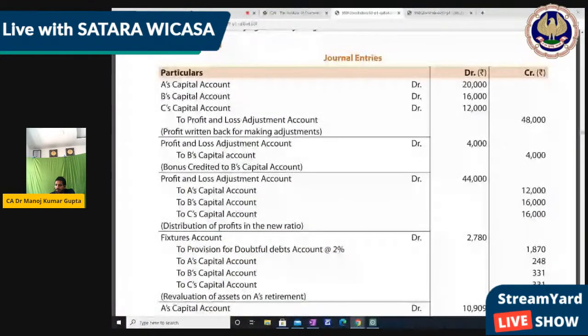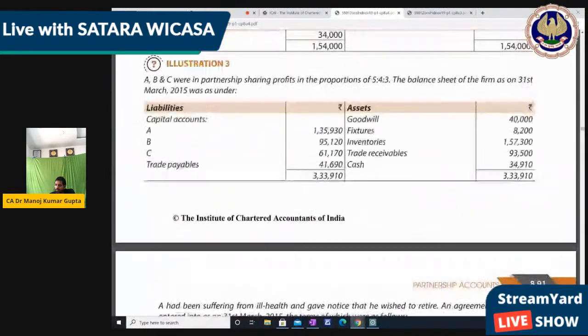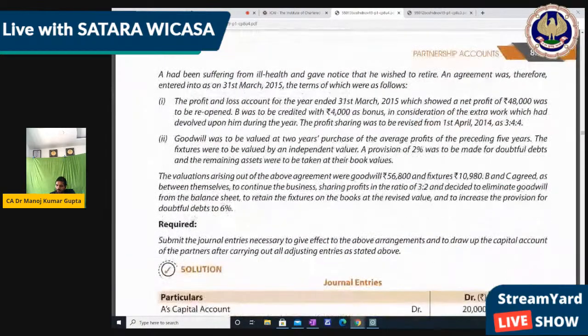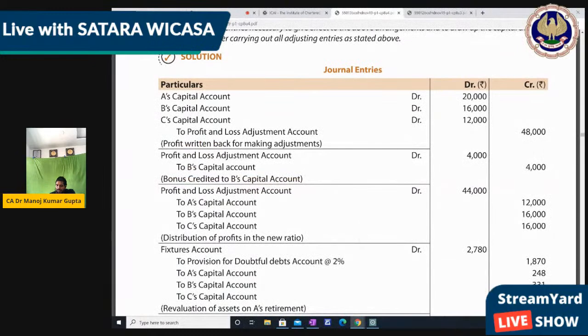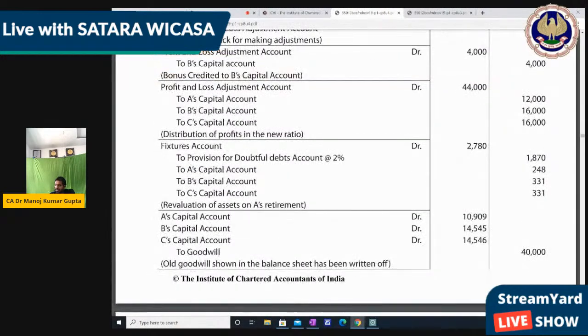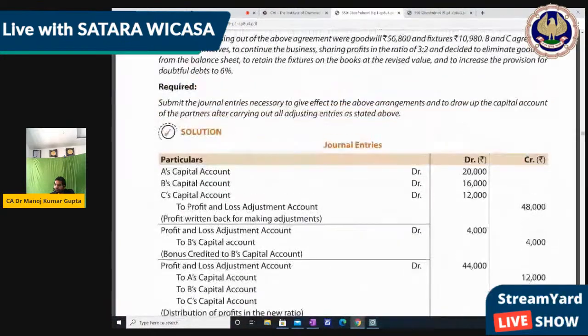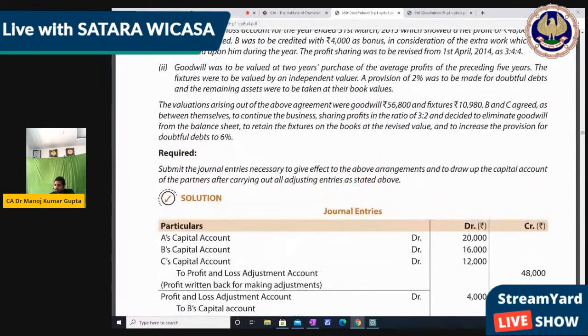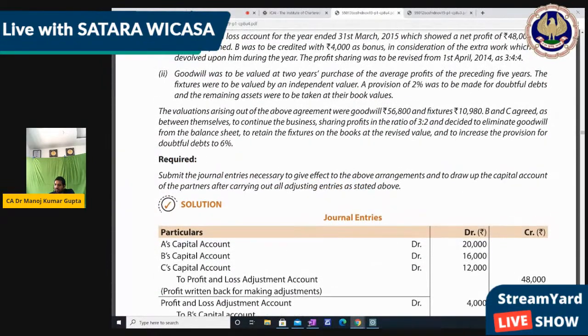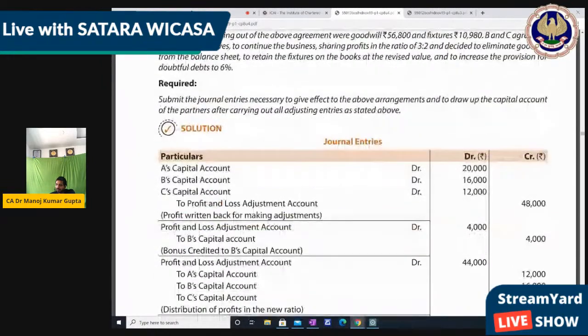That is 5:4:3. If they had distributed in 5:4:3, then the answer is different. And I think they had distributed in the new ratio, that is 3:4:4, right?